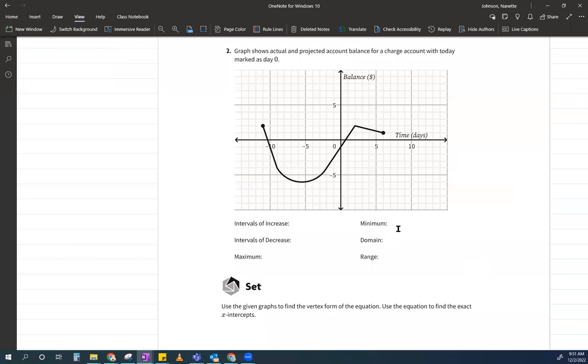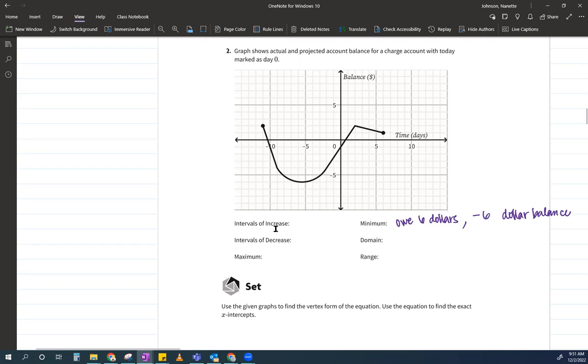So that would be owing $6, or sometimes people would say a -6 dollar balance. Okay, so that's the minimum.